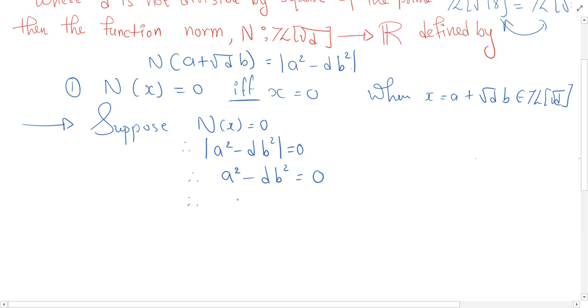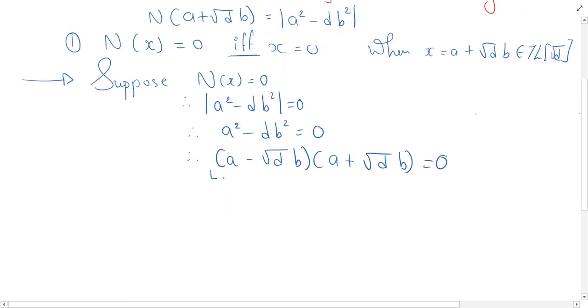Now I can factor this as (a - √d·b)(a + √d·b) = 0. This is a complex number; it may be a real number, it may be an integer, but definitely it is inside the complex numbers. The product of two complex numbers being 0 implies that either of them must be 0.